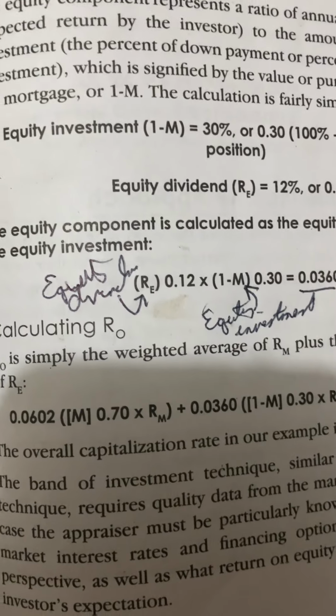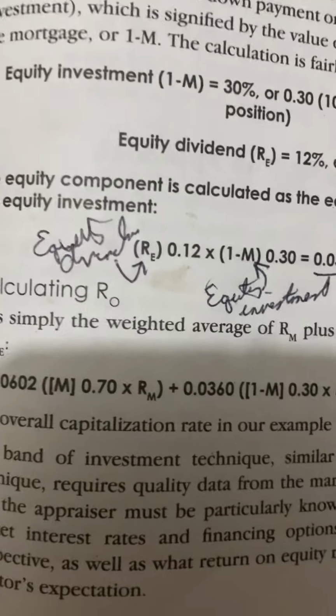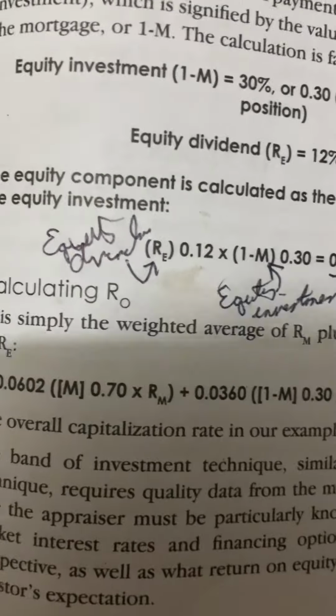0.0602. What was M? M is loan to value, 0.70, 70%, times RM, which should not be confused with mortgage interest rate. Mortgage cap rate is RM.